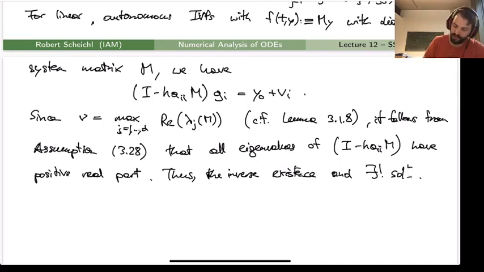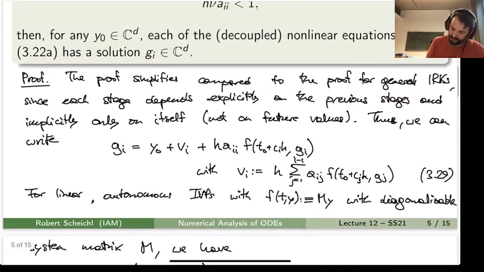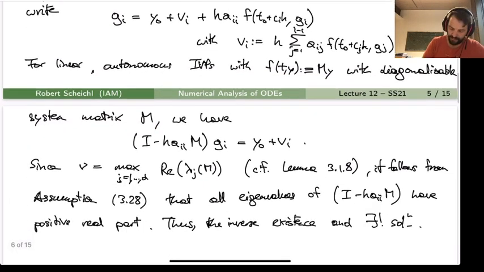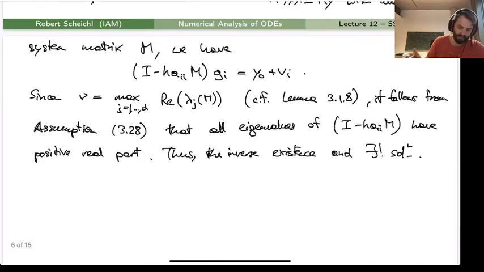Okay, now this was only in the case of linear autonomous initial value problems with diagonalizable system matrix M. So it's a very particular case. In the general nonlinear case, we use a homotopy argument.